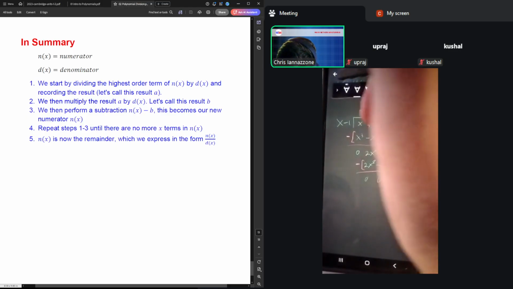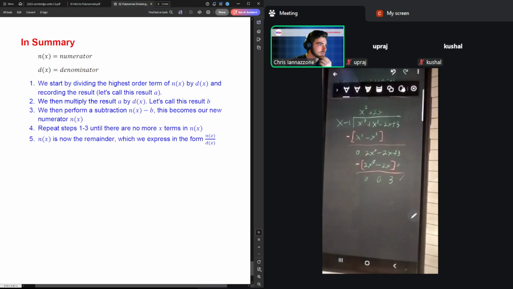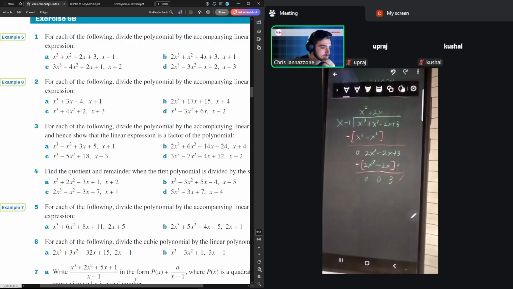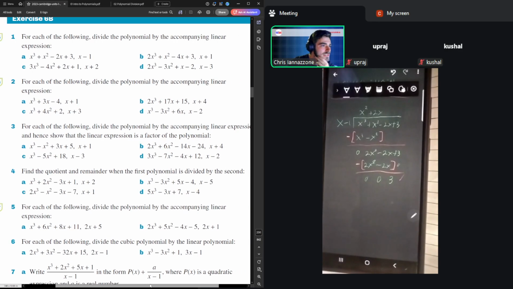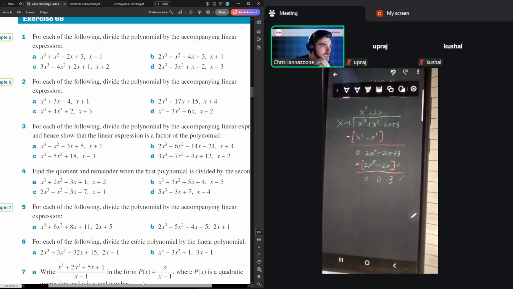This is basically finished. As far as how you now present your answer, that's going to depend on what the question says, which in this case just says divide the polynomial by the accompanying linear expression, in which case it's kind of ambiguous what it's actually asking for.